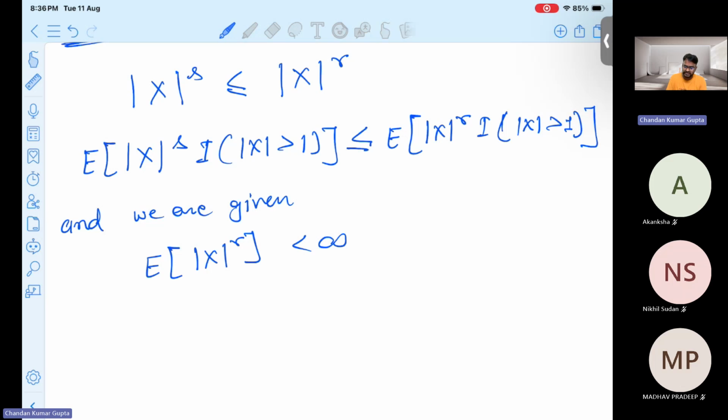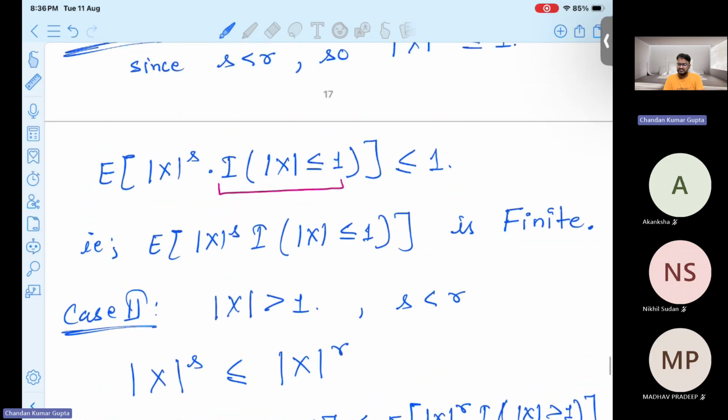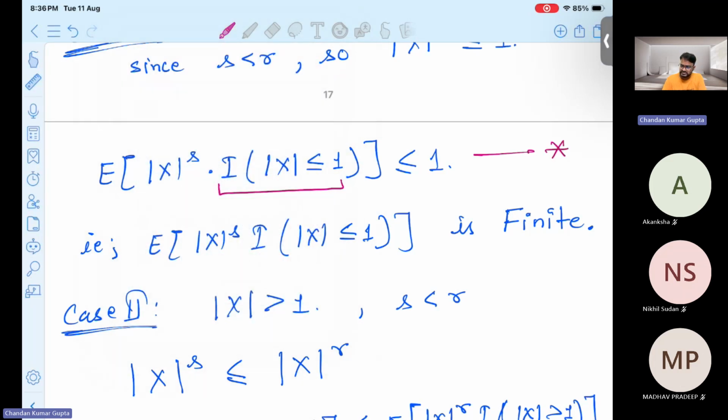So from this point we can conclude that the expected value of the modulus value of X to the power S, over the greater than case, is also finite. So here you can see, for the modulus value of X less than or equal to 1, in that scenario it is less than 1, which is finite.